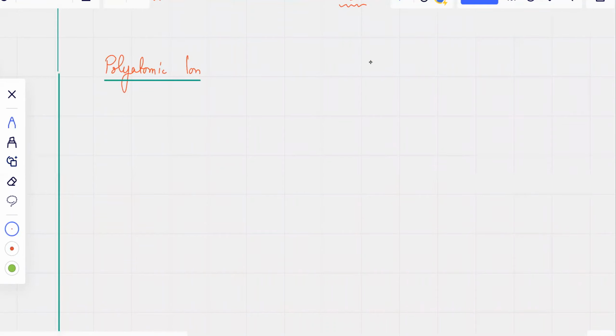So sometimes what happens is a covalent molecule might gain or lose electrons to complete its outer shell. ठीक है, मतलब कोई एटम है, उसको एक इलेक्ट्रॉन चाहिए कहीं से, वो कोवलेंट बॉन्डिंग कर रहा है.